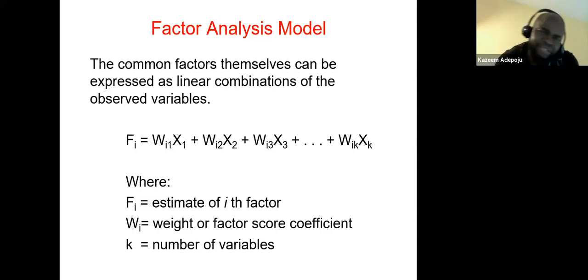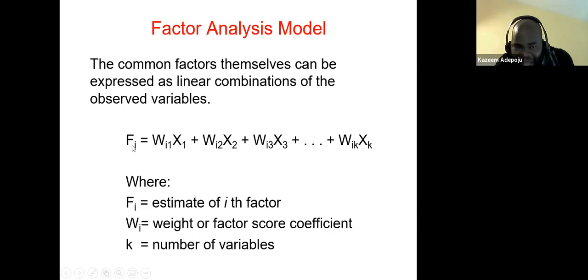We also have that in factor analysis, but this time around it is going to be a common factor, that is, a common factor for the input variables we're talking about. That was why I said the common factors themselves can be expressed as a linear combination of the observed variables. Can you see what I have right here now?